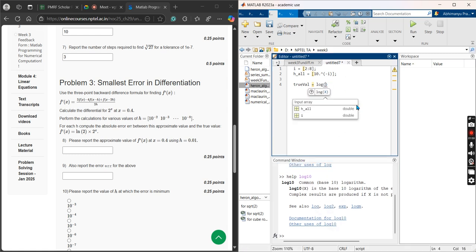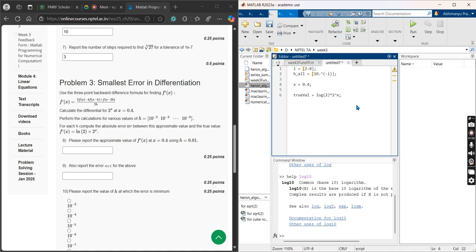Fine. So log of 2 multiplied by 2 to the power x, where x is 0.4. Let me make a variable for x only. x is 0.4. So my true value is 2 to the power x.